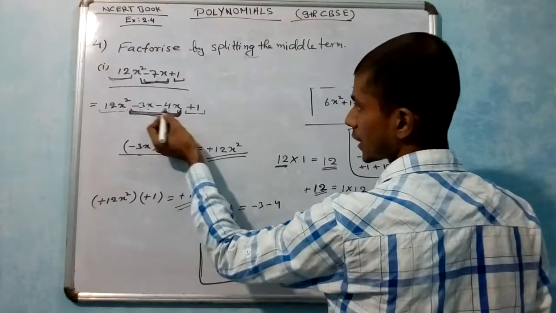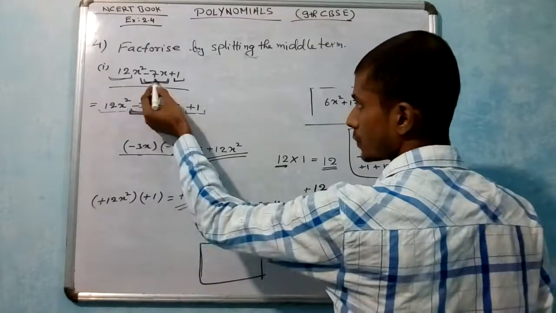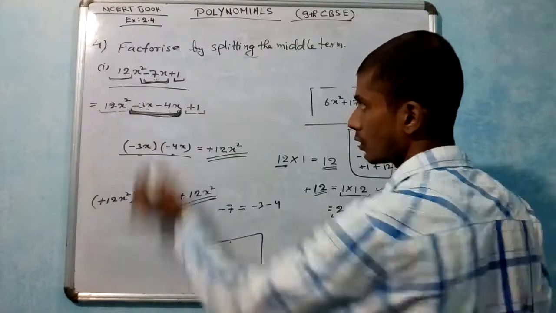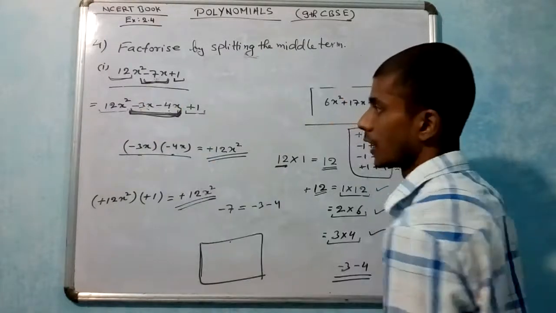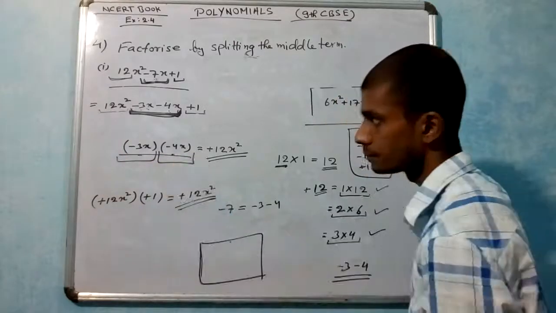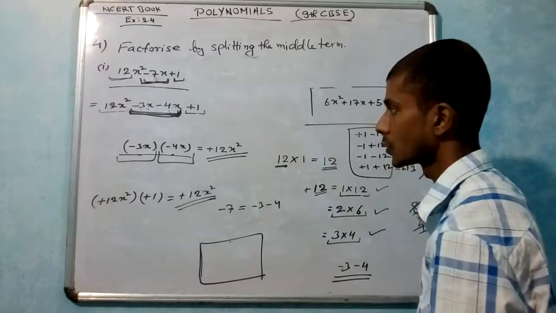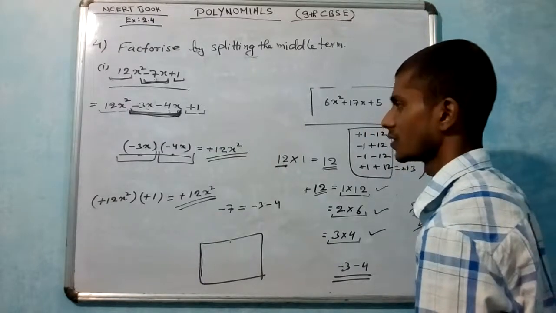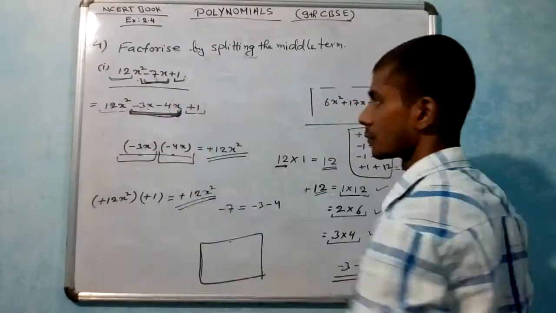See, minus 3x minus 4x, how much? Minus 7x. And their product must be equal to the product of the first term and the last term.